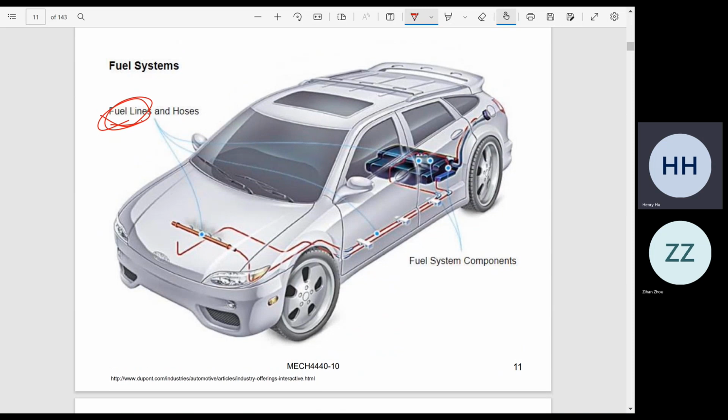Again, I know this because I carried out a project for a company making these kinds of fuel lines. Originally they used zinc to coat it. They found that the zinc coating is not very durable, and the bonding with the steel is not that strong, so they wanted to change to aluminum.